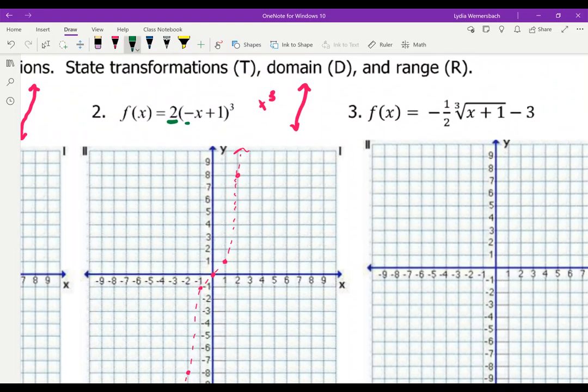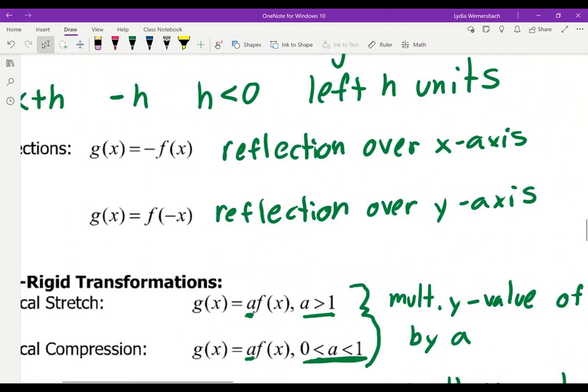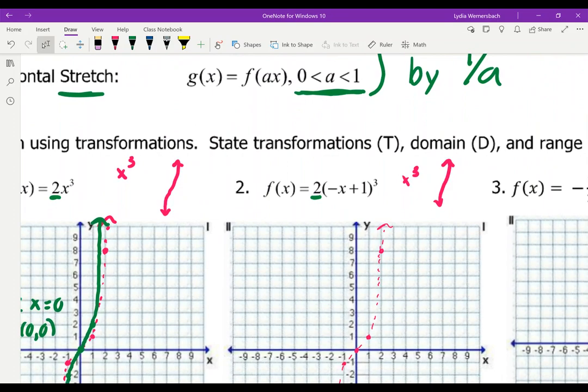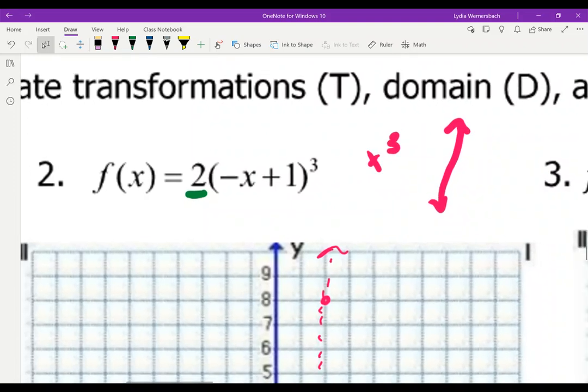Now we have this little negative. So we should see that, okay, it's inside the parentheses. It's inside the function. So that means it's going to actually be a reflection over the y-axis in this scenario. But what makes reflections over the y-axis a little tricky is when they are inside the function, we kind of have to rewrite it a little bit. So if we have this function, this f of x, we still have the 2 out front.